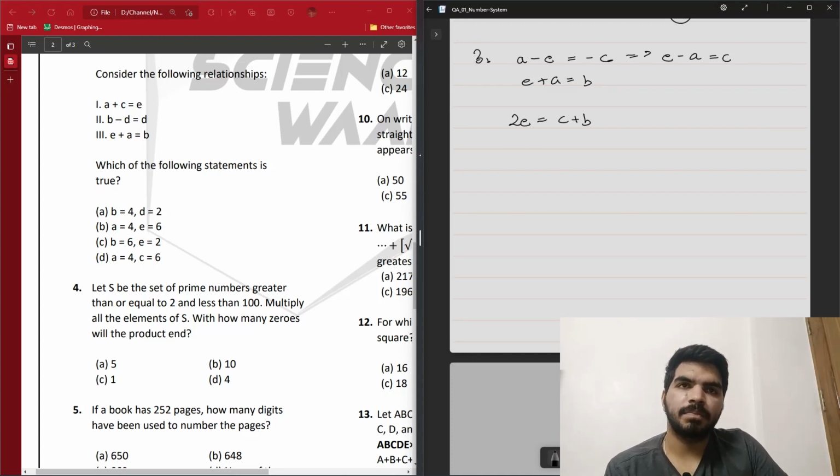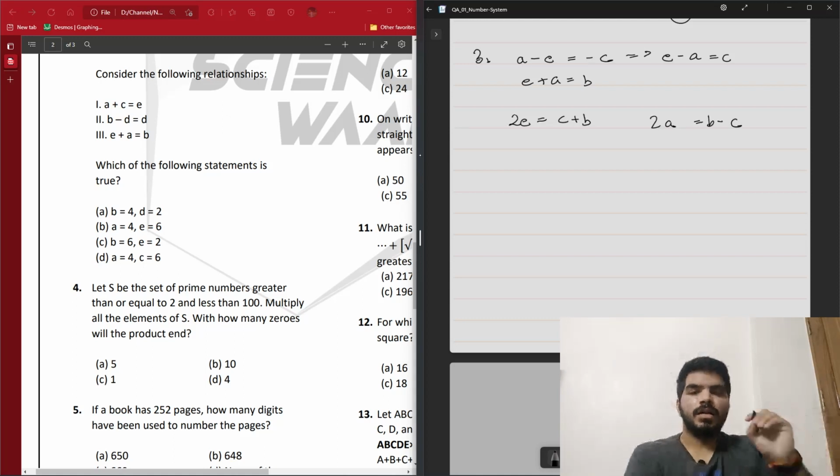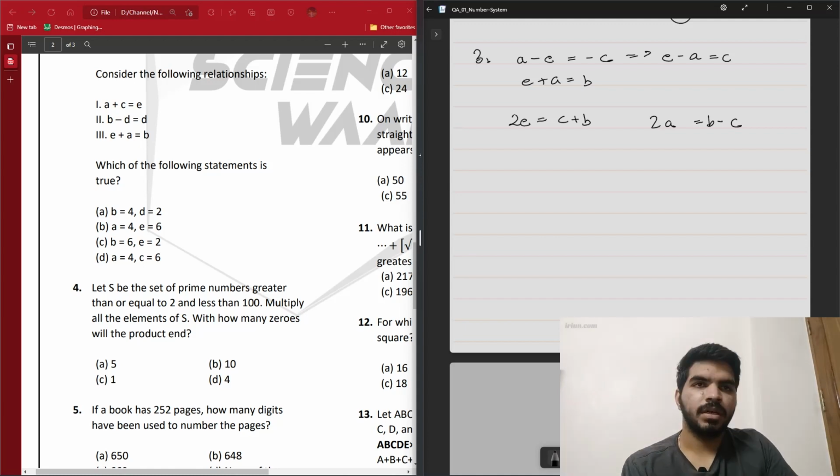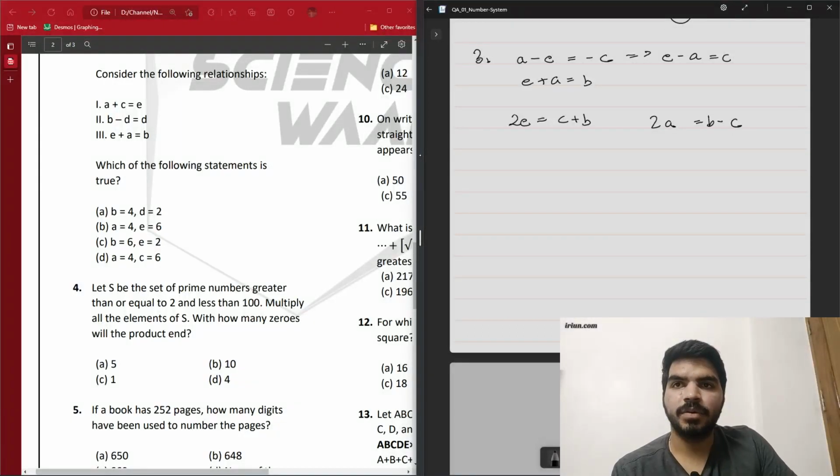And we can subtract as well. Subtraction, we will find this will be 2A. 2A is equal to B minus C. A simple funda here, the second equation gives us B is equal to 2D.